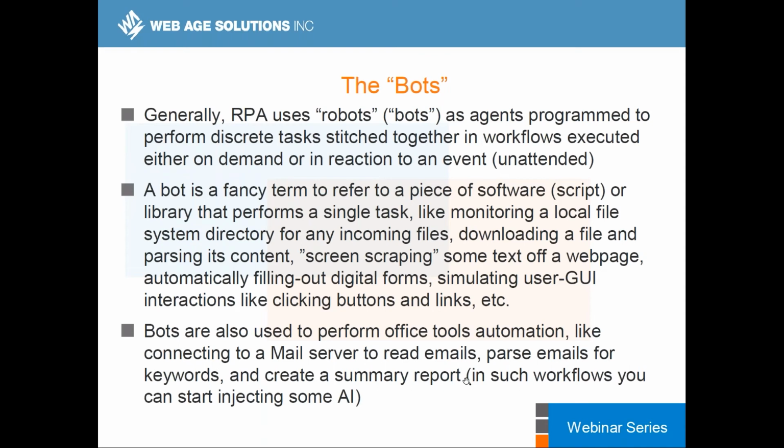So robots underpin the whole programmatic and processing infrastructure. Those are agents, which are just small services used to build a workflow, which can be executed on demand on a particular event, the so-called unattended processing.